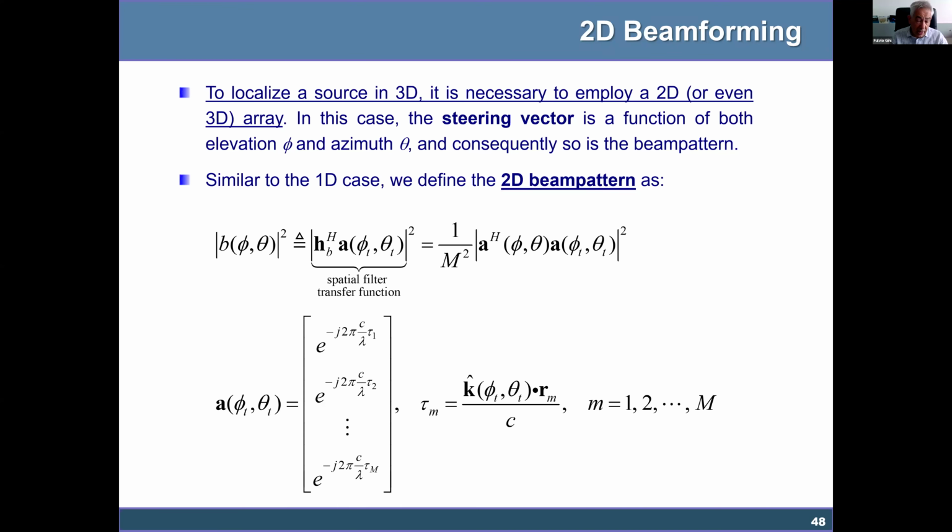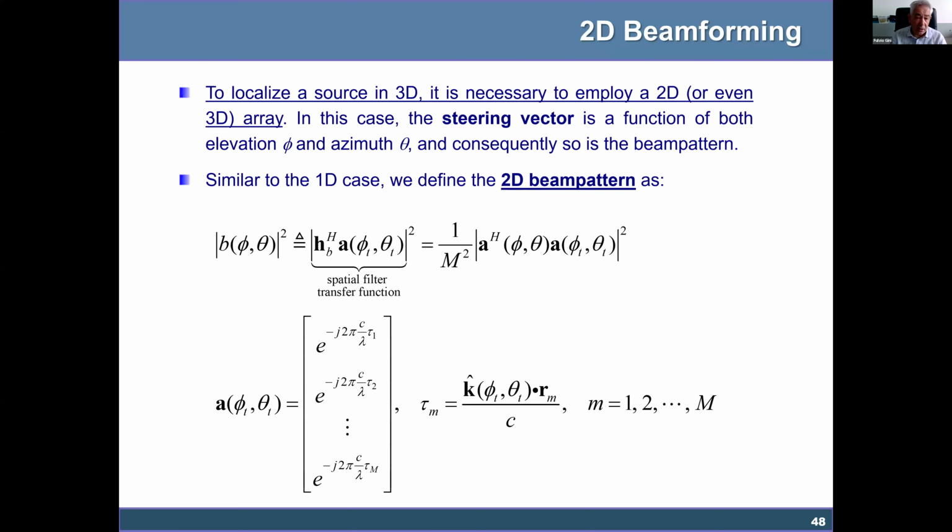This is fine if you want to estimate basically the direction of arrival of a ship over the sea. But if you want to estimate the direction of arrival of an airplane, for example, you have to estimate separately azimuth and elevation. And for this purpose, you can't use linear arrays.